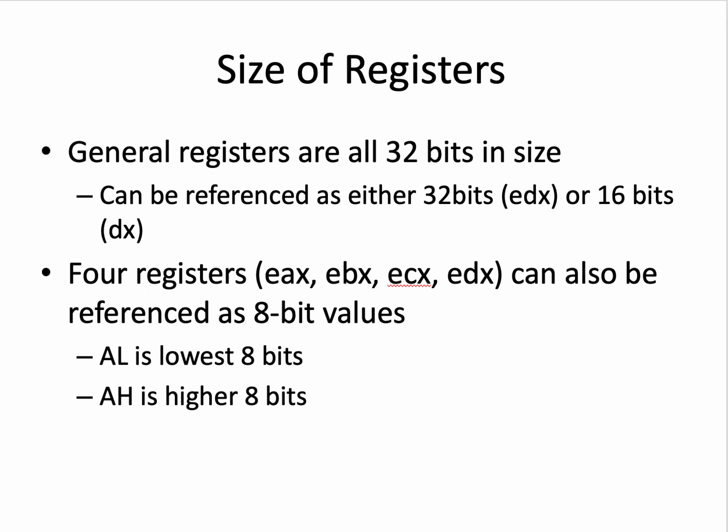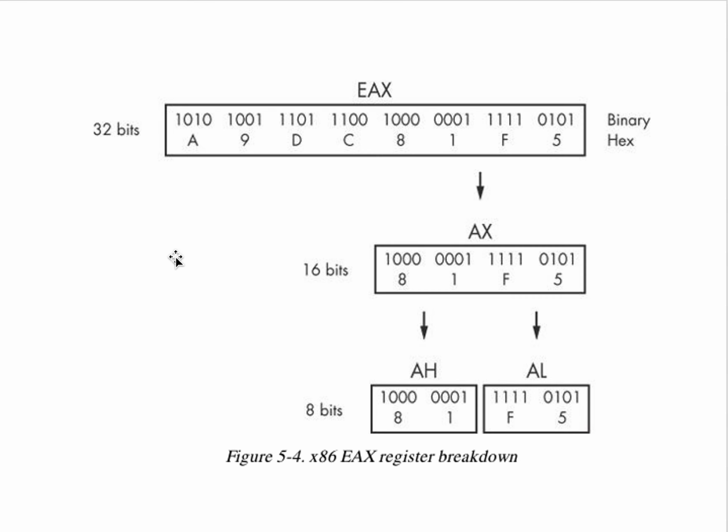General registers are 32 bits in size, but they can also be 8 bits, as you can see. When it's 8 bits, it can be translated into hexadecimal right here. So the larger the size of the register, the more robust the instructions can be.